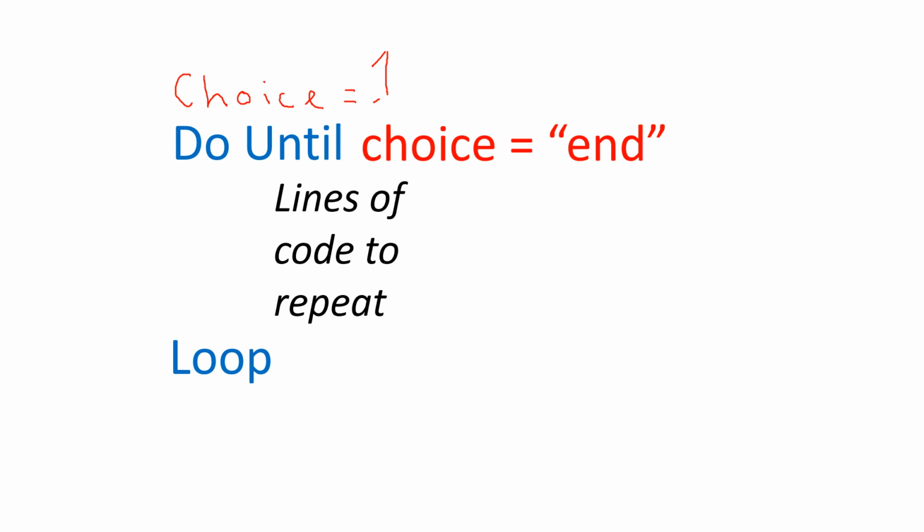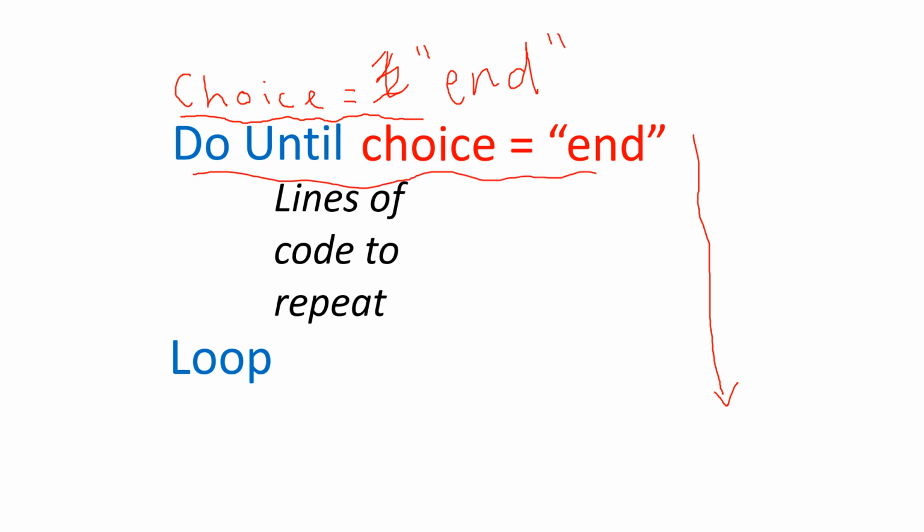So in our last example we set it to 1. So here I assign 1 to choice, so that it at least sets the loop going once. If I started it off with choice being equal to end, then this loop wouldn't happen, because it would check the condition, see that choice is already equal to end, and then jump over the top and come to here, and then carry on with the code underneath.